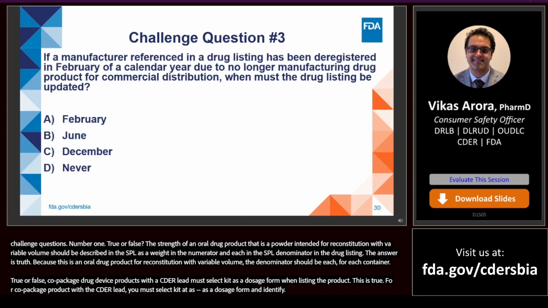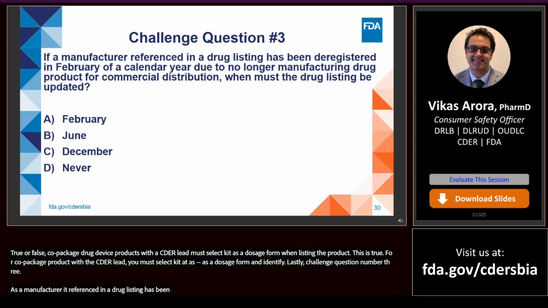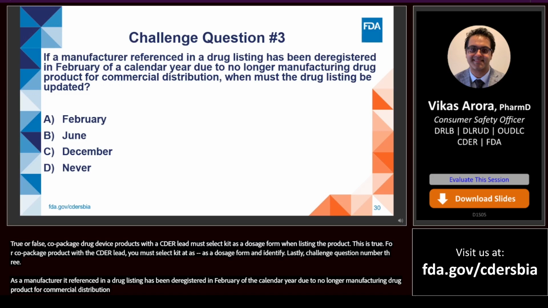And lastly, challenge question number 3. If a manufacturer referenced in a drug listing has been deregistered in February of a calendar year due to no longer manufacturing drug product for commercial distribution, when must the drug listing be updated? A. February, B. June, C. December, or D. Never?